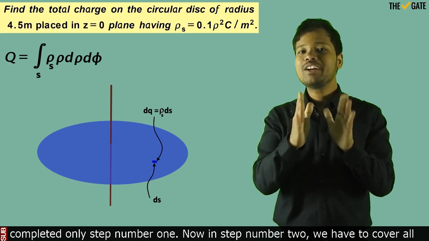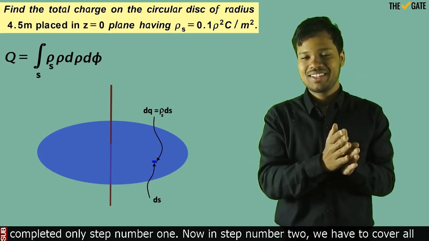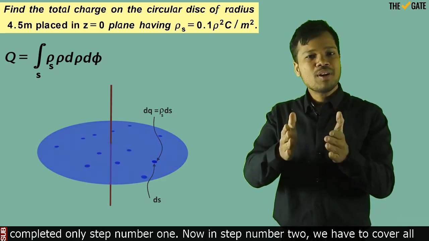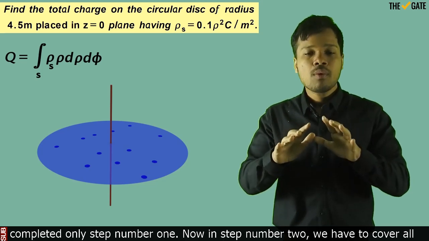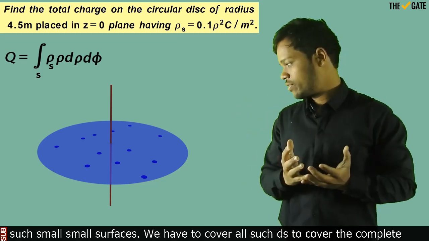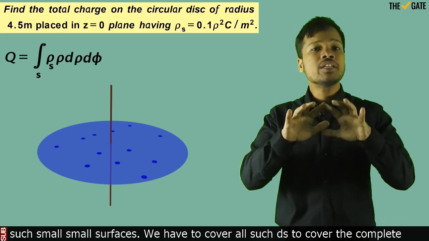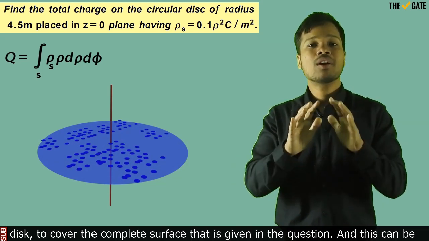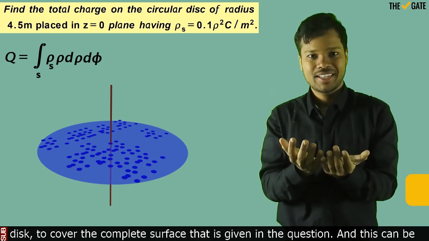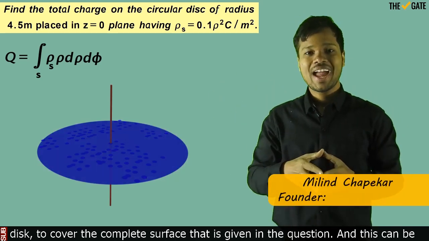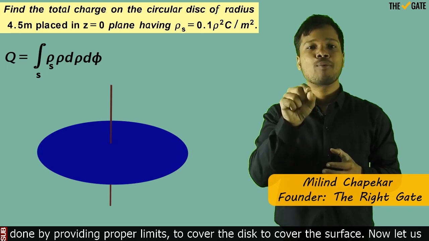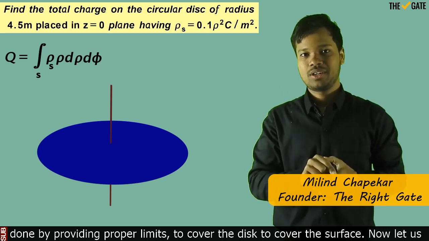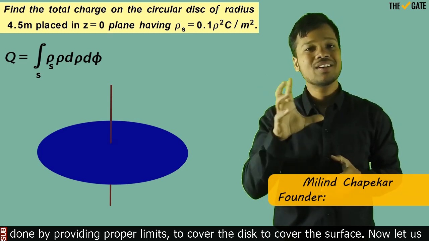So we have completed only step number 1. Now, in step number 2, we have to cover all such small surfaces. We have to cover all such ds to cover the complete disk, to cover the complete surface that is given in the question. And this can be done by providing proper limits.